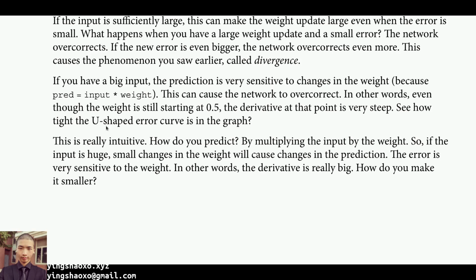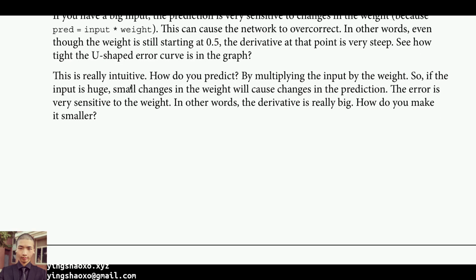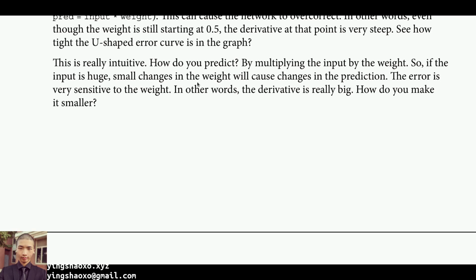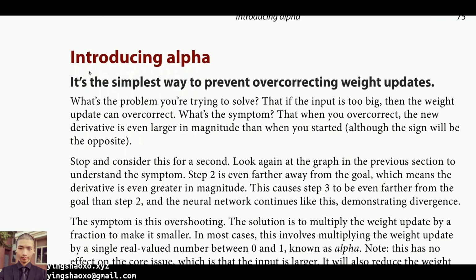See how tight the U-shaped curve is in that graph. This is really intuitive. How do you predict? By multiplying the input by the weight. So if the input is huge, small changes in the weight will cause big changes in the prediction. The error is very sensitive to the weight. In other words, the derivative is really big. How do you make it smaller?